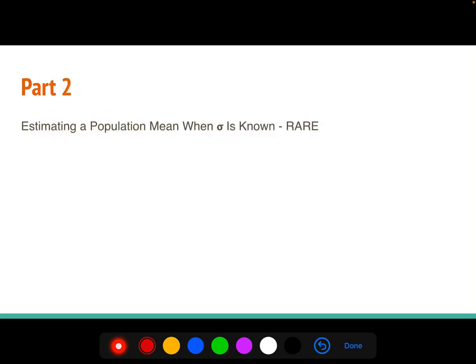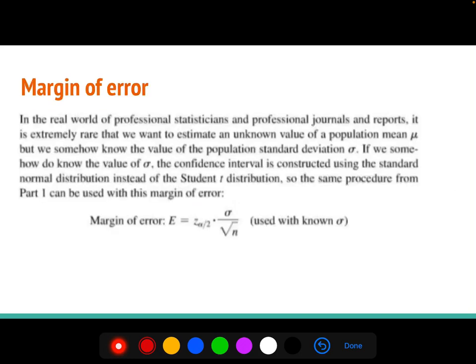All right, now we've made it to part 2. Part 2 is actually very rare. It's when sigma is known. It's a margin of error. In the real world, we usually deal with things that are unknown, so this one we don't know much on.